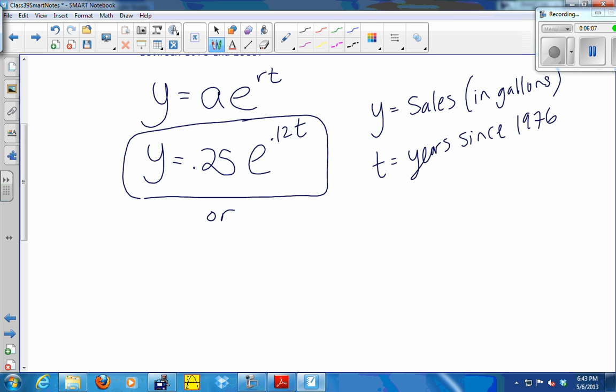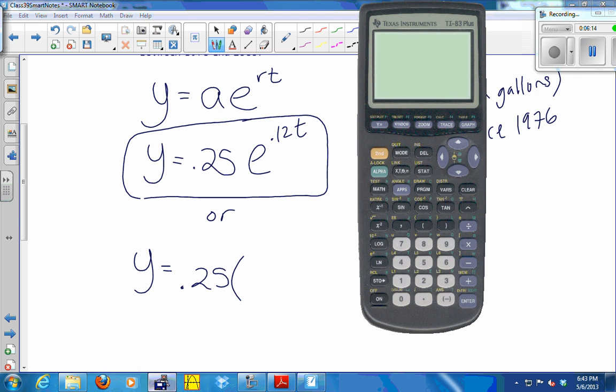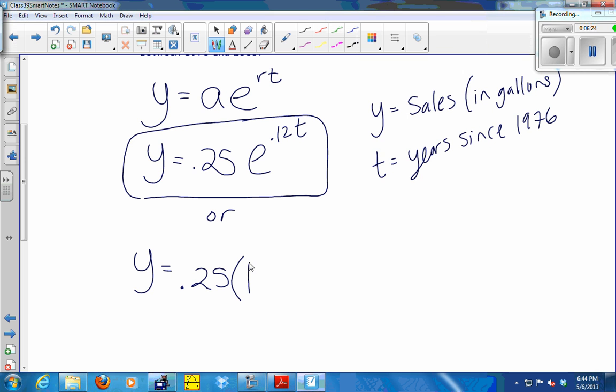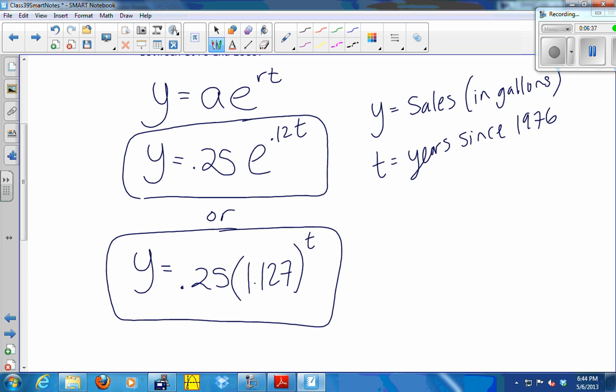So I could do y equals 0.25 times 1.127 to the t, since e to the 0.12 is 1.127. So these are two completely equivalent equations.